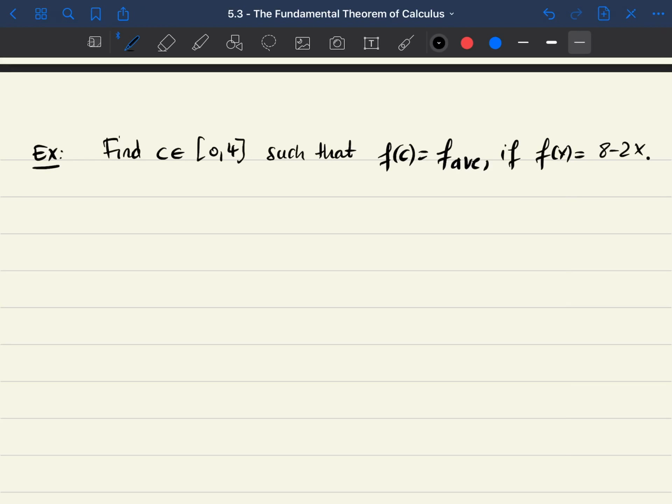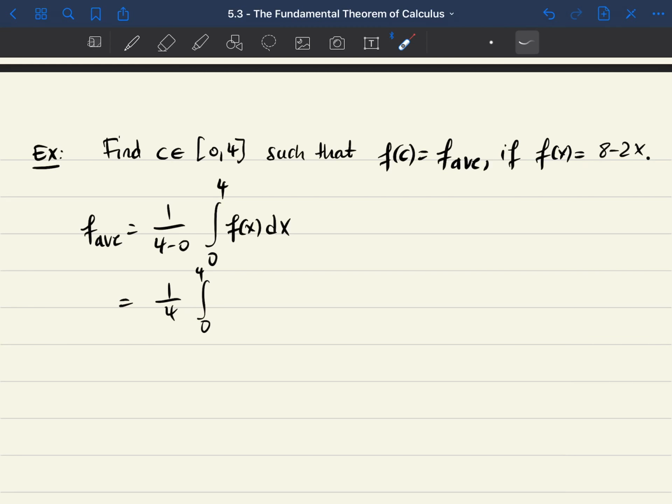Remember that the average value of the function is 1 over 4 minus 0 times the integral from 0 to 4 of this function. So this is equal to 1 over 4 times the integral from 0 to 4 of 8 minus 2x dx. If you want to calculate this, we have to use geometry.